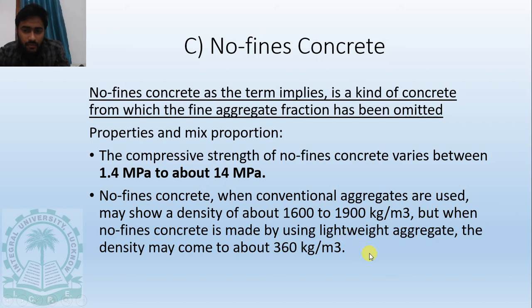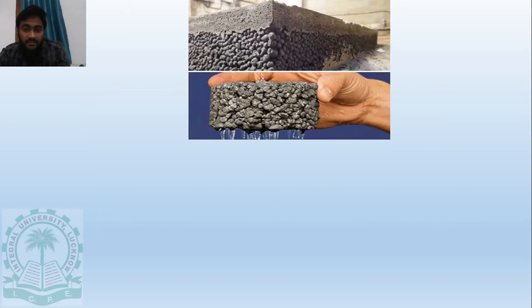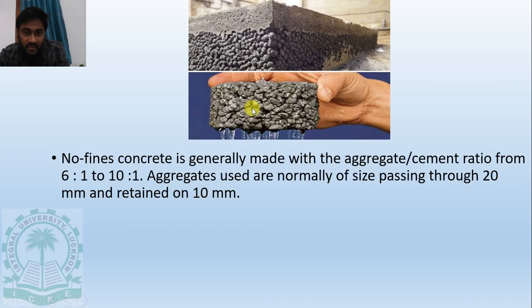When conventional aggregates are used, no fines concrete can show a density of about 1600 to 1900 kg per meter cube. But when no fines concrete is made using lightweight aggregate, the density may come down to 360 kg per meter cube. That is very light. So as you can see in this figure, we have a concrete in which there is no fine aggregate, only coarse aggregate of a particular size.